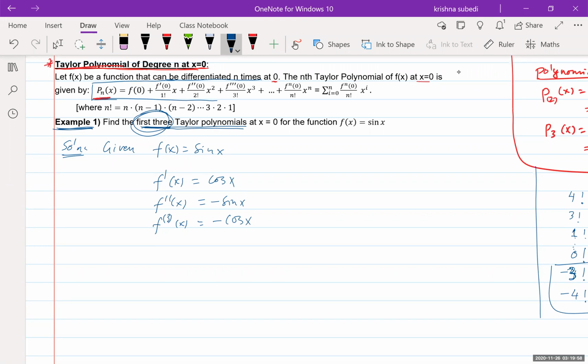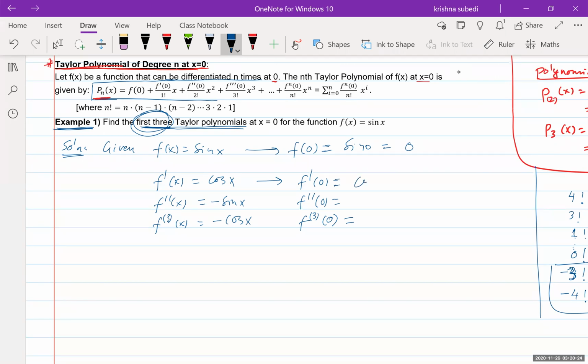Now we need to find the value of f of 0, f prime of 0, the second derivative of 0, and the third derivative of 0. So f of 0 is sine 0, which is 0.